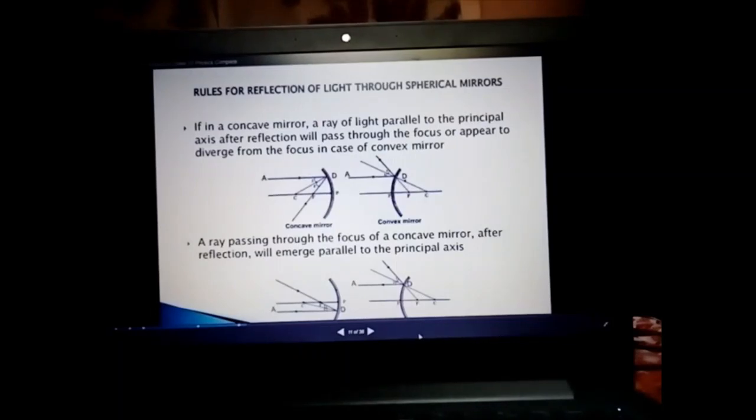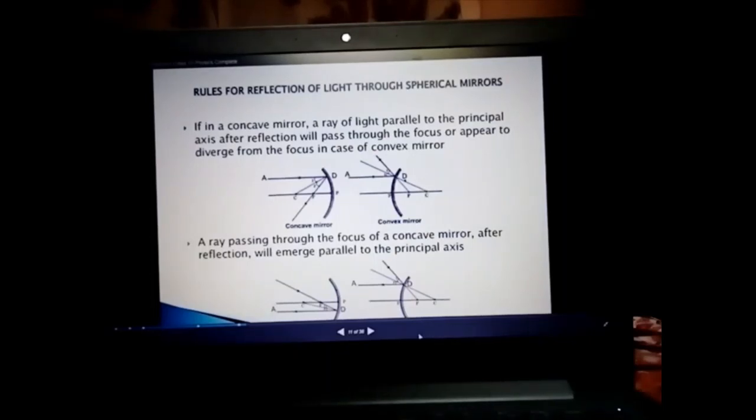But in case of a convex mirror, a ray of light parallel to the principal axis appears to be diverging after reflection, and when it is retraced back it appears to pass through the focus. This is the first point.